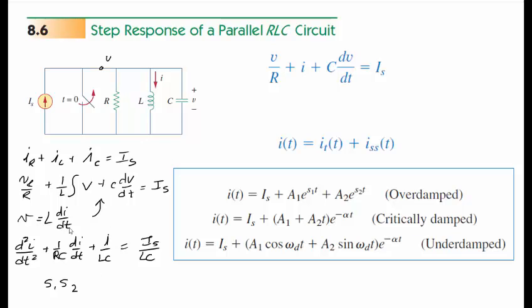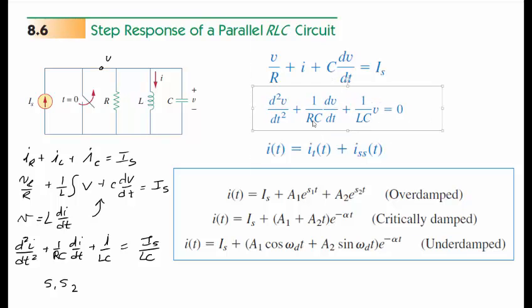So this is what we just did by our substitution, and this was the equation that we got for the parallel circuit natural response, source-free. So it was an equation in V. It came out like this, but if you see that the coefficients here are exactly the same as the coefficients of this equation down here, then we know that the roots S1 and S2 are the same.